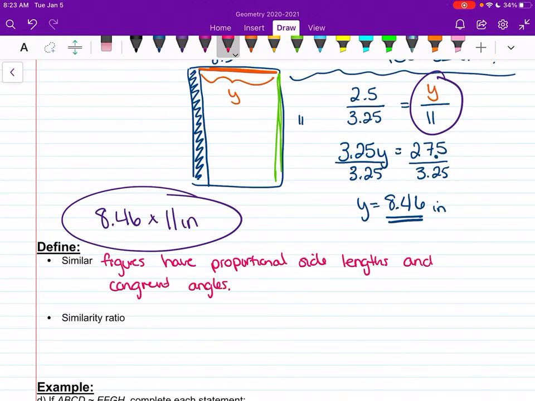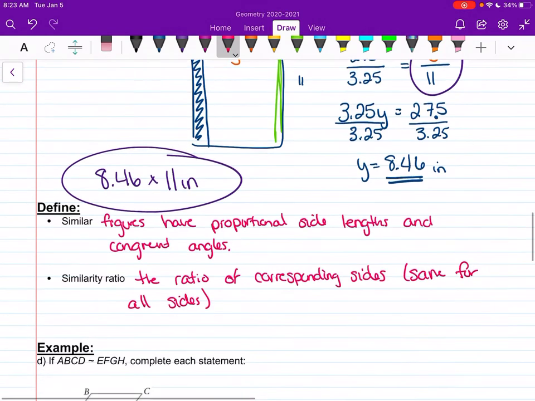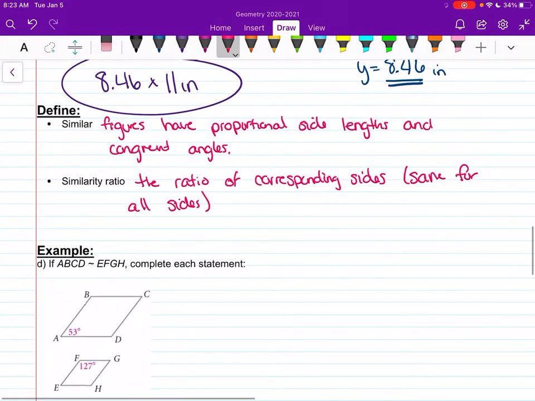And the similarity ratio is the ratio of corresponding sides. And it's going to be the same for all sides. Okay, if it's not, then they're not similar. Okay, so let's look at an example.